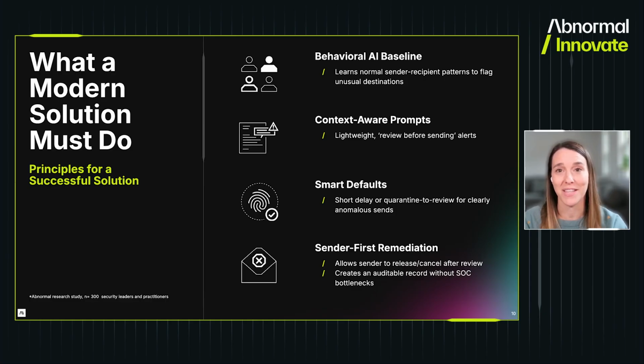In order to make sure that those emails don't reach the unintended recipient, you'll want something that offers a short delay or a quarantine before sending. And then you want to put the remediation in the hands of the end user. This will allow the sender to cancel or release the email after they have had the chance to review, and it also creates an auditable record for the SOC team without creating any additional bottlenecks.